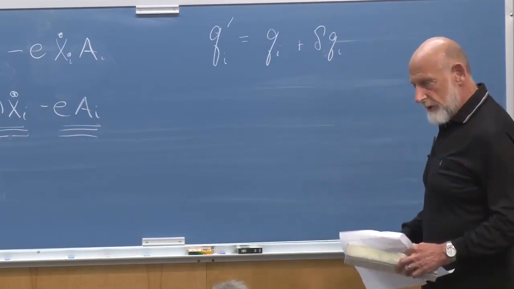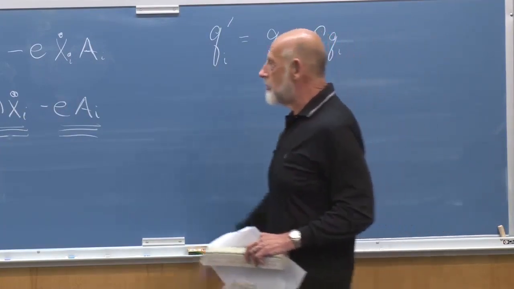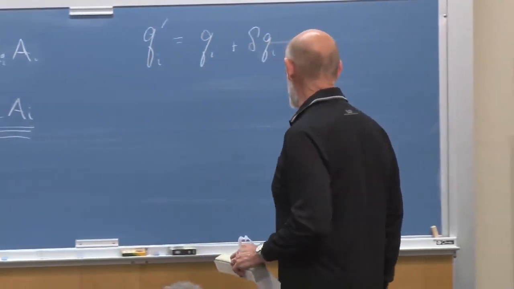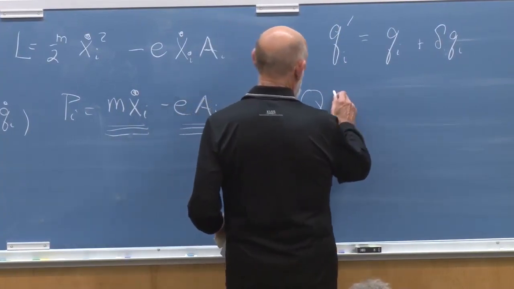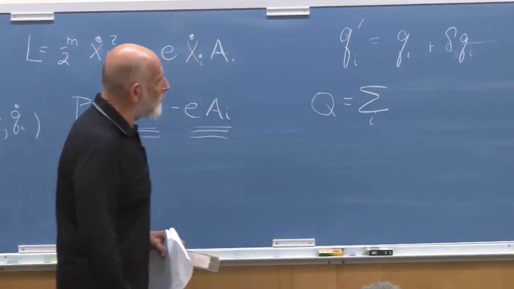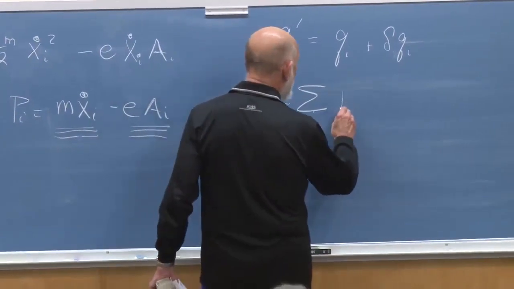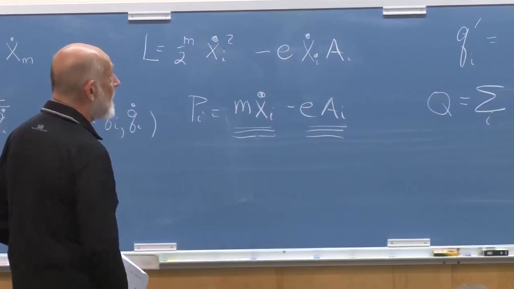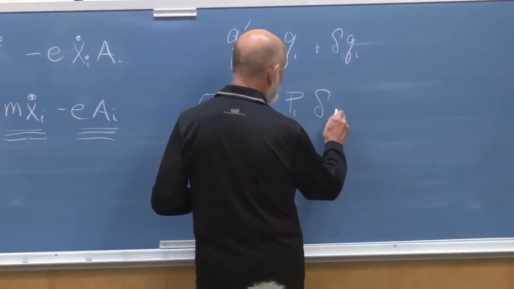If we have a symmetry, which means a transformation of this type under which the Lagrangian doesn't change, then there's a conserved quantity, capital Q, which is equal to the sum over all the coordinates, there's a contribution from each coordinate, of p_i, the canonical momentum, not the mechanical momentum, but the canonical momentum, times delta q_i.